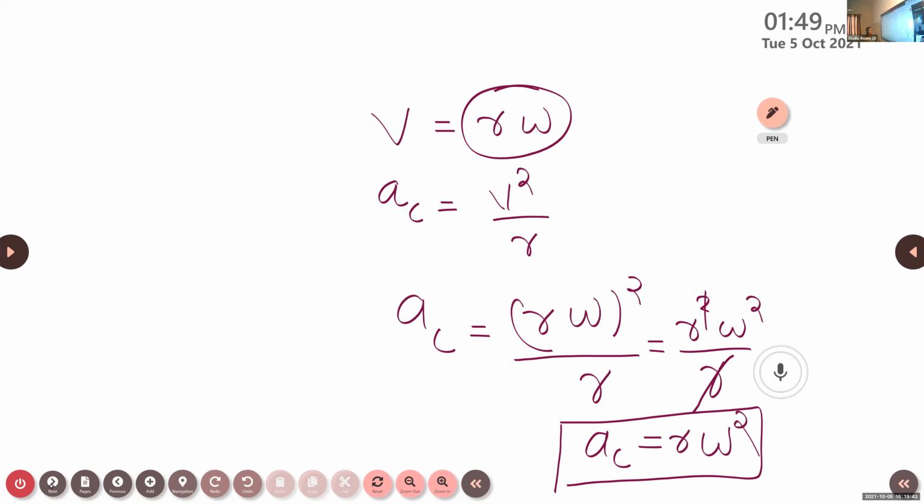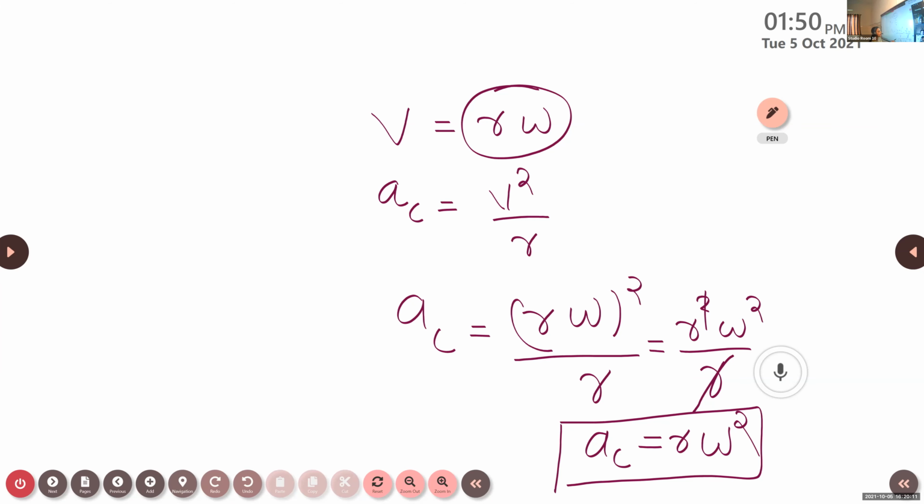Now in the next case, we are considering the relation between linear velocity and angular velocity. By their relation, we know that V is equal to r omega. Then the equation for centripetal acceleration varies. We know that centripetal acceleration is equal to V square by r. It becomes r omega the whole square divided by r. By solving it, we get AC is equal to r omega square.